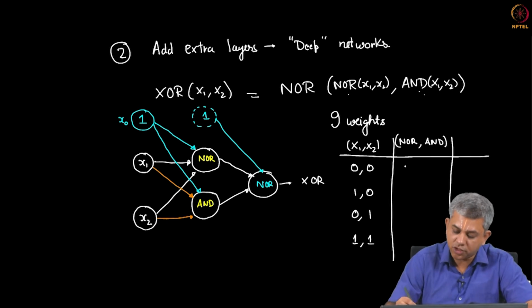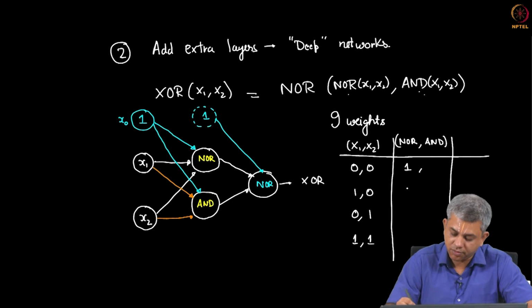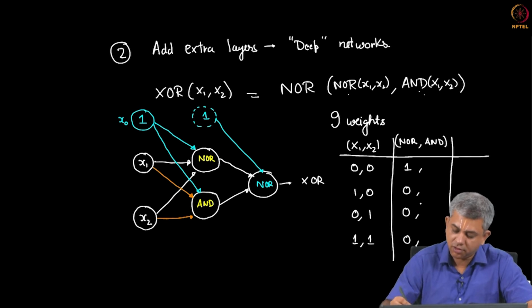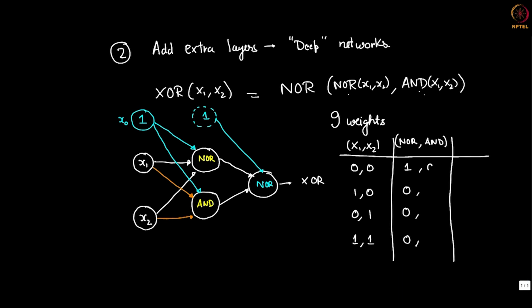So, NOR of 0 0 is 1, NOR of 1 0 is 0, this is 0, this is 0. The second one, AND of 0 0 is 0, of 1 0 is 0, 0 1 is 0 and 1 1 is 1.